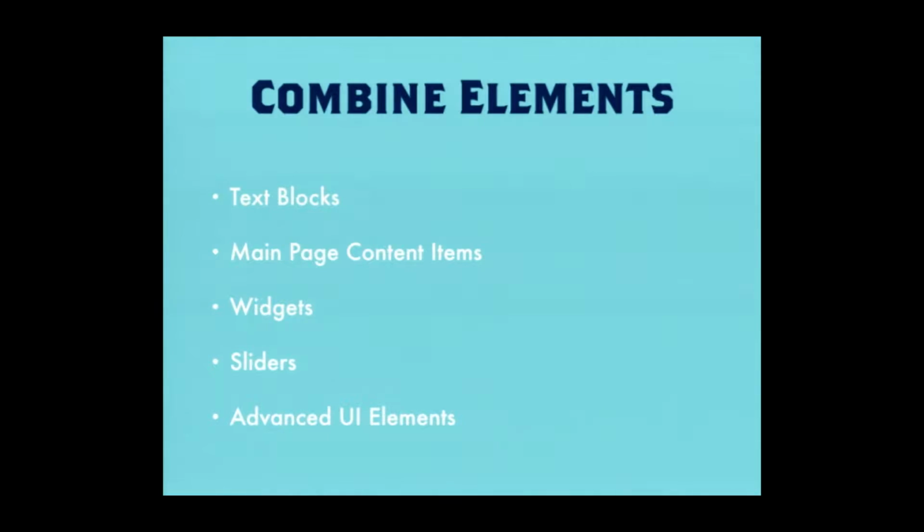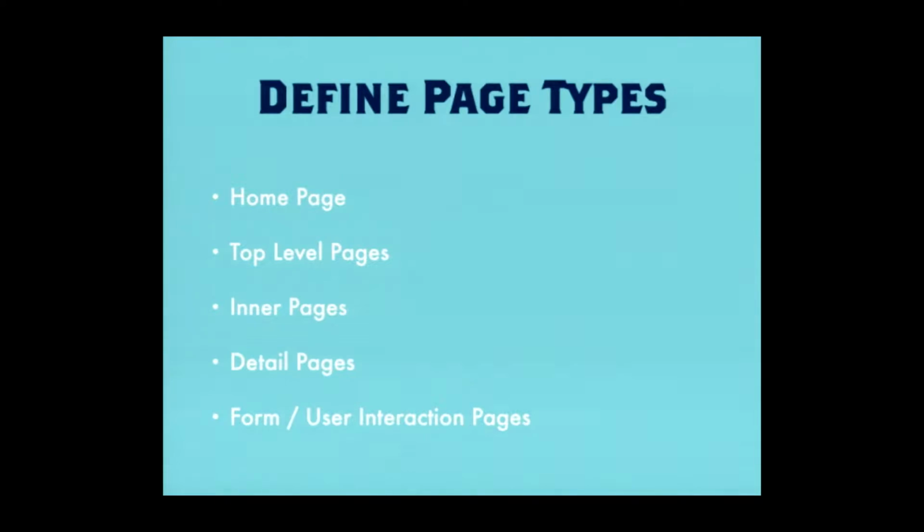And you can really just keep taking this process up, and then you can start building things from these elements. You can have things like a home page style, a top level page style, an inner page style, form user interaction pages. So you can just keep making this bigger and combining things.